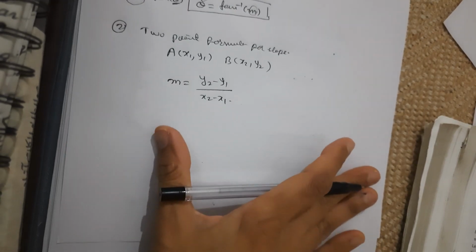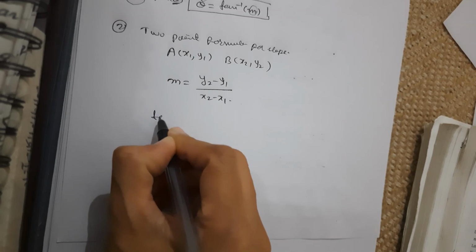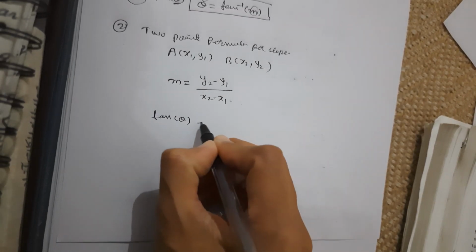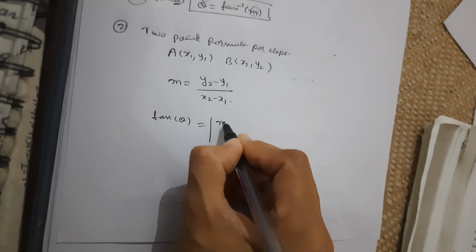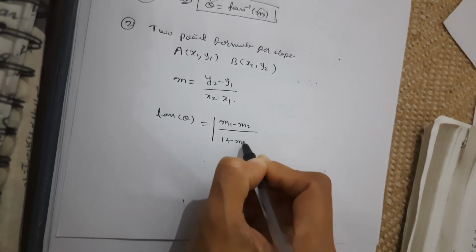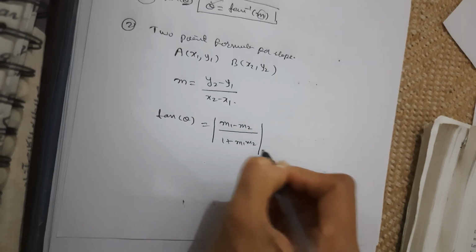The third thing that we see: the angle between two straight lines cutting each other is given by mod of (m1 minus m2) upon (1 plus m1 into m2).